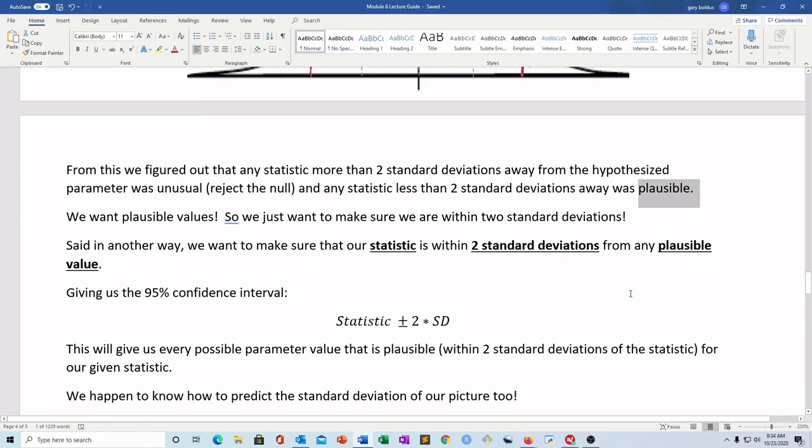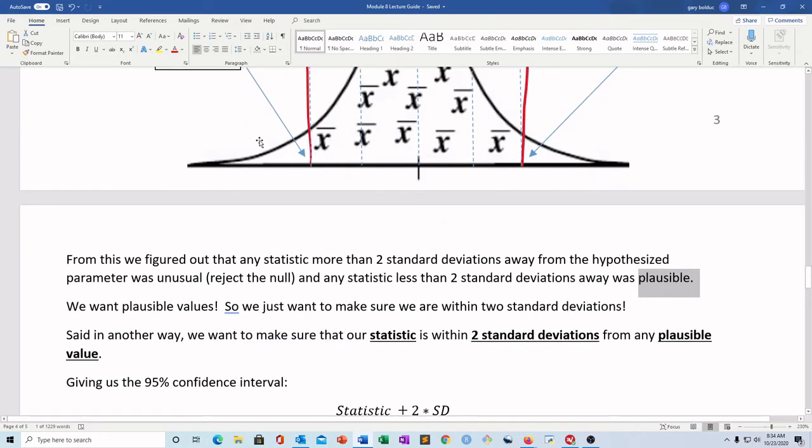So if you give me a guess for your parameter, pi, mu, whatever it is, then all I have to do is ask the question, okay, is my statistic 2 or more standard deviations away? If it's too far away, then I'm going to say you're out in the unusual, throw it out.